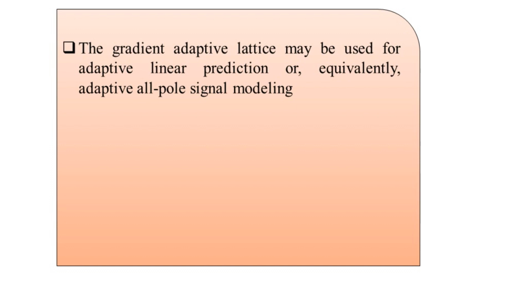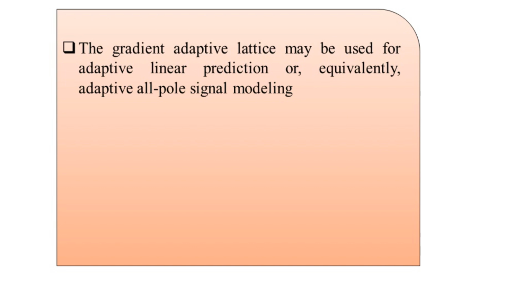Since this particular suggested implementation is minimizing the mean square forward and backward prediction errors, the gradient adaptive lattice that we have abbreviated as capital GAL is not directly applicable to a variety of adaptive filtering applications, like system identification, channel equalization or echo cancellation here.